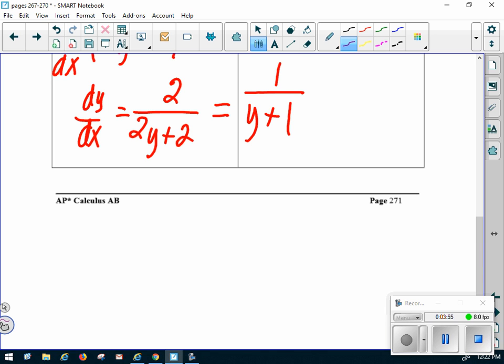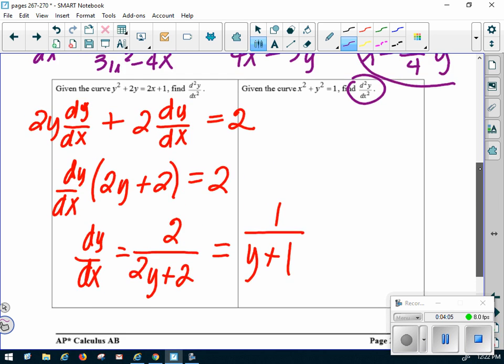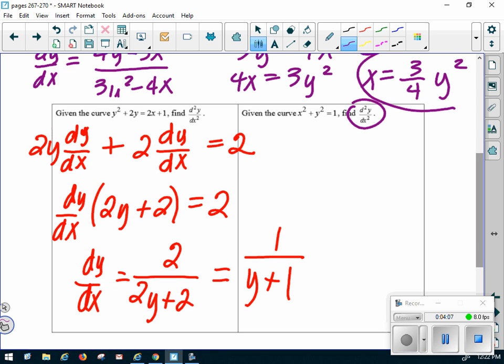So you can do the power rule instead of the quotient rule, and it doesn't matter which way you do it. Could you also factor out the 2 from the start? When you factored out the dy/dx, could you also factor out the 2?